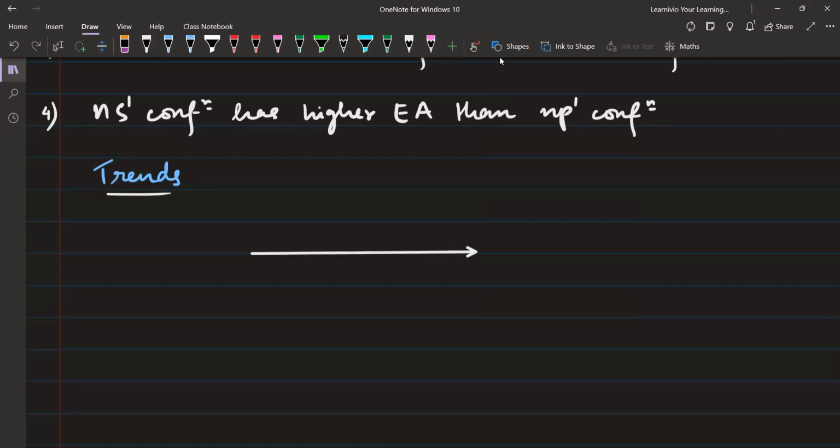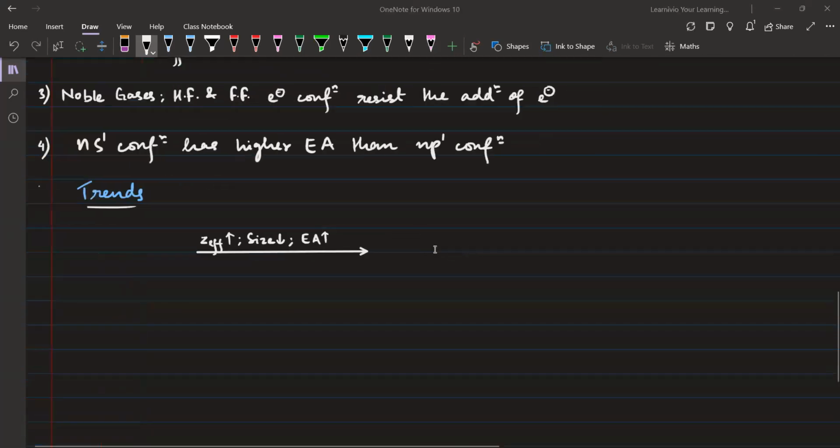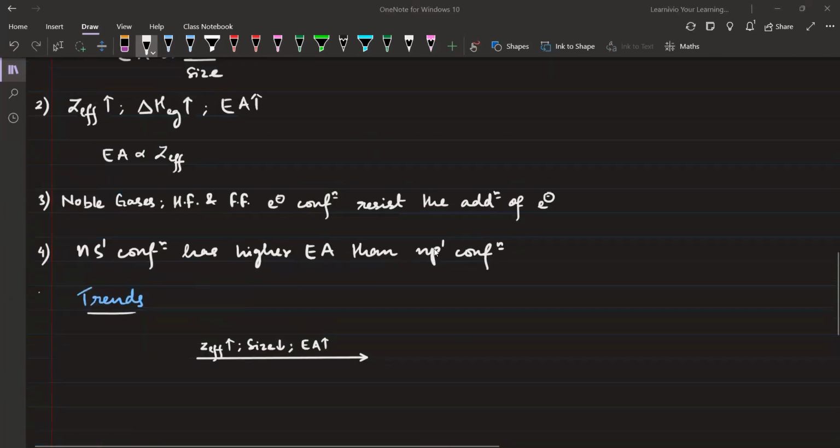See, across a period what happens: across the period the Z effective increases, size decreases, therefore electron affinity will be high. Give me a second. Electron affinity will be high and delta H is more negative.